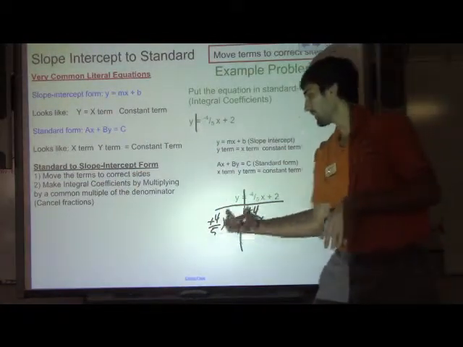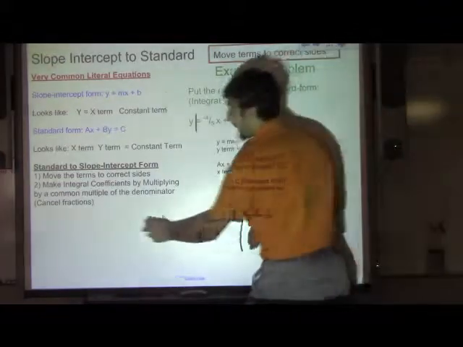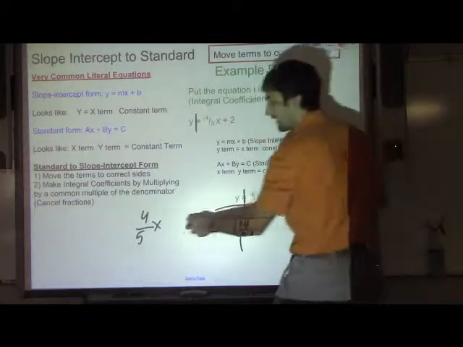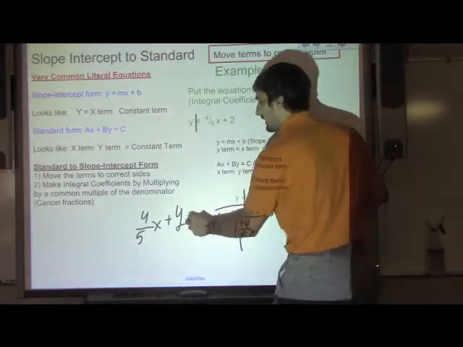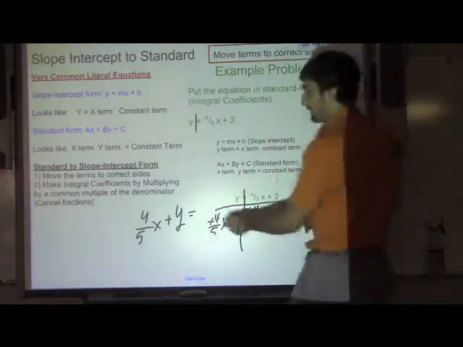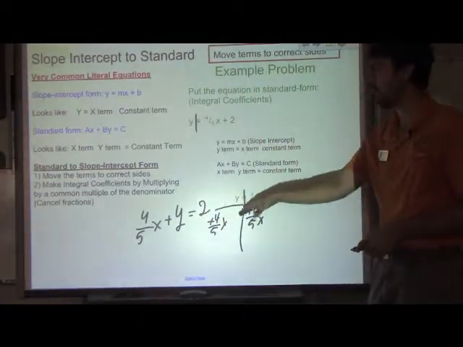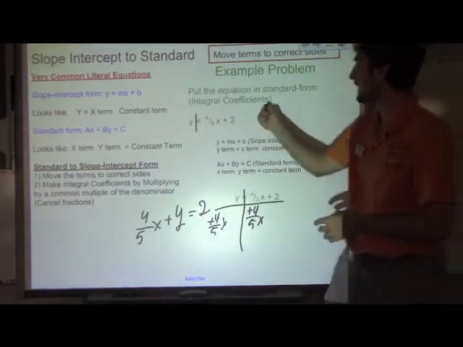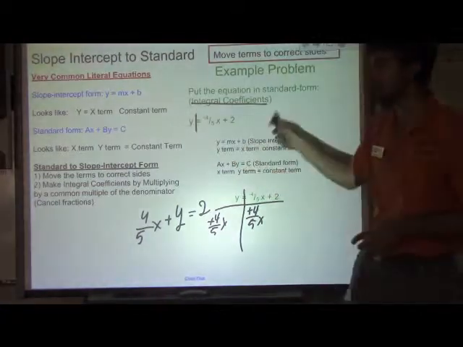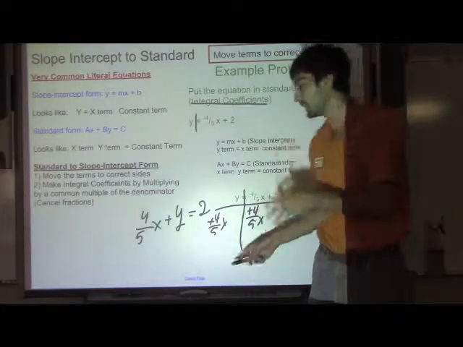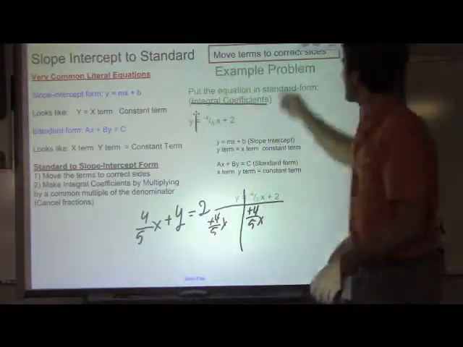So it should be x, then y. So you would write positive 4/5 x, and the way you write positive y is to say plus y equals, and over here we have positive 2. Okay? So this is in standard form, but we're not done yet because we need integral coefficients. That means we don't want any fractions, no decimals, we want all integers, whole numbers.